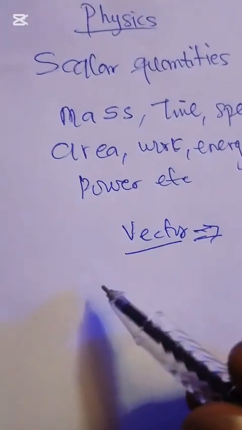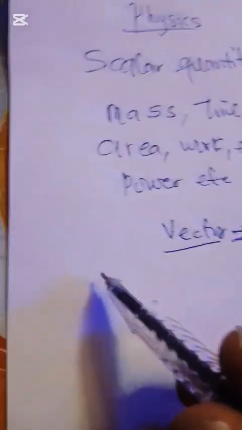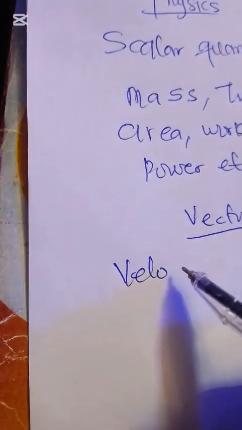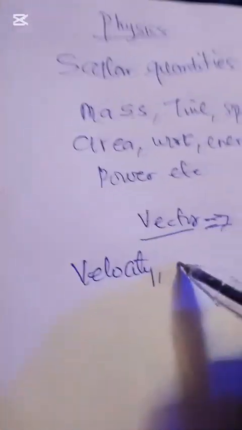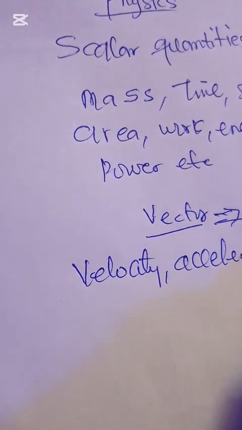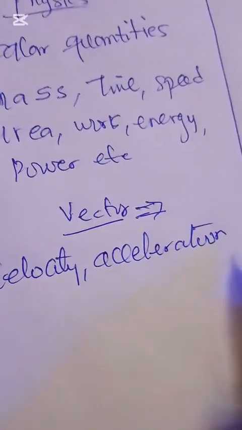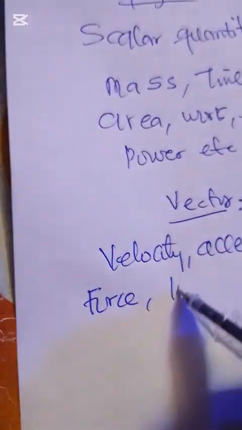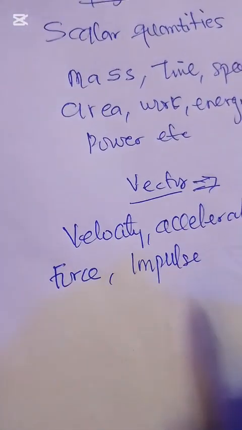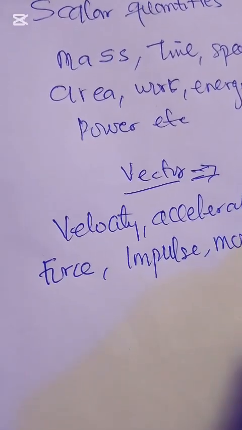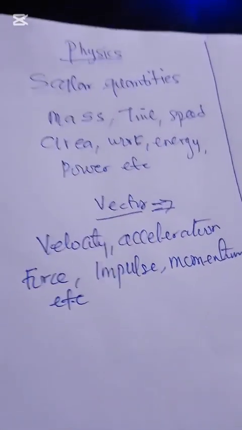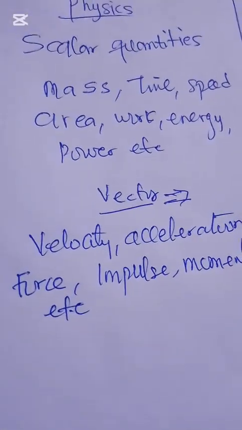Examples of vector quantities are velocity, acceleration, force, impulse, momentum, and many more. These are a few examples of vector quantities.